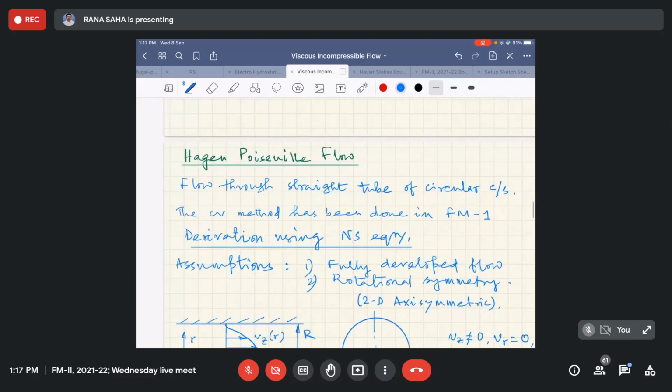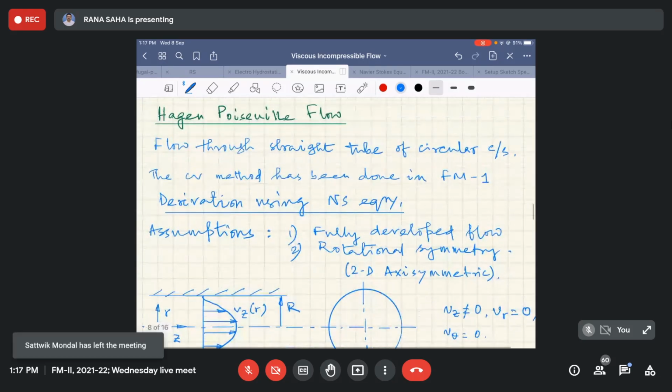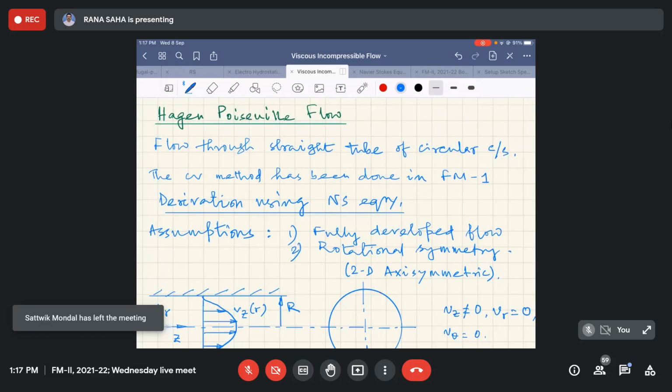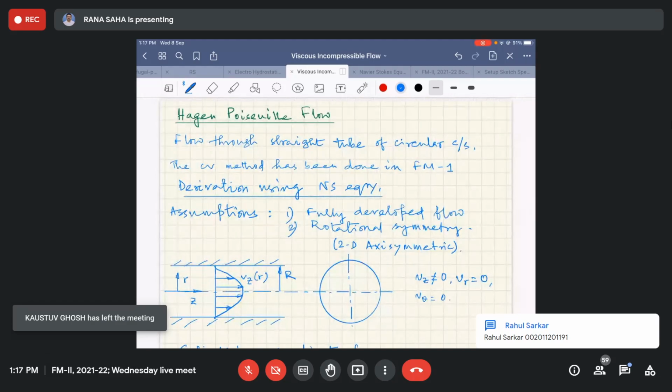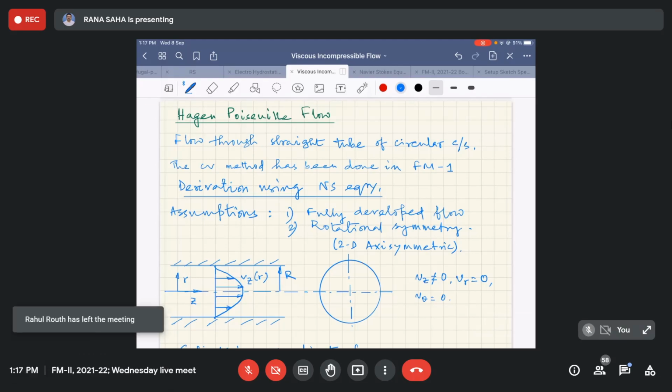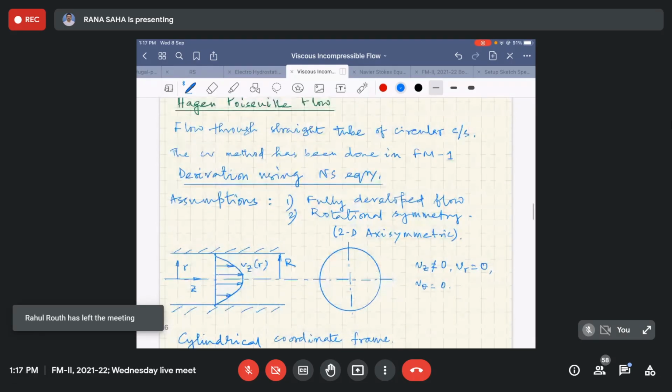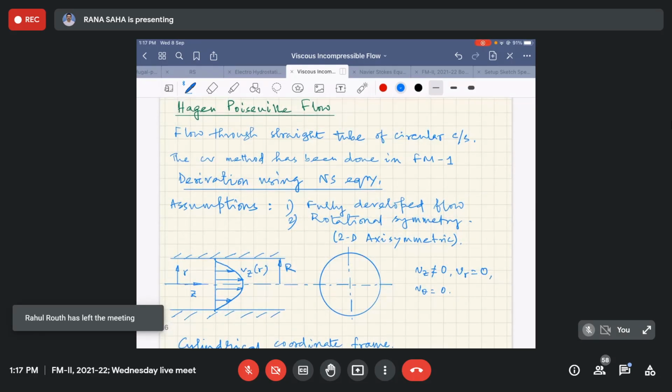Then actually we have the Hagen-Poiseuille flow, which I think is familiar to you because you had your pipe flow in fluid mechanics 1. But the only difference here is the treatment once again. Here it is basically the Navier-Stokes equation which we applied.